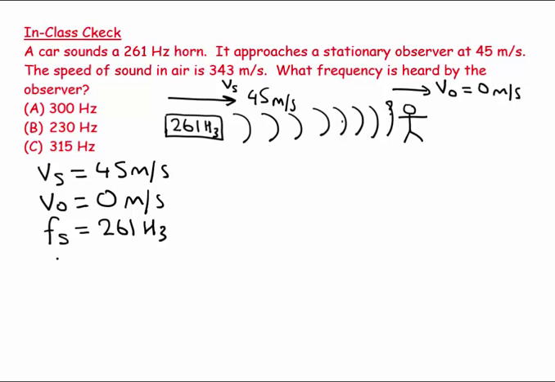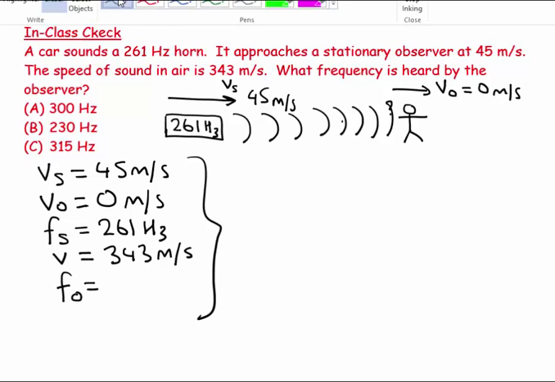And the velocity of sound on this particular day is 343, not 343 Hertz, that's for sure, 343 meters per second. And it wants to know what the frequency observed is.